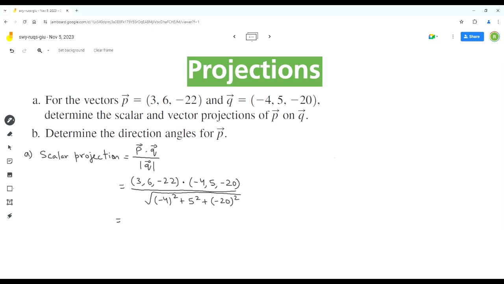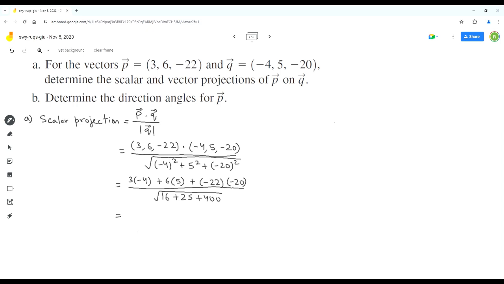Now we can multiply the x, y and z components for the dot product in the numerator. Now we can multiply the numbers in the numerator.